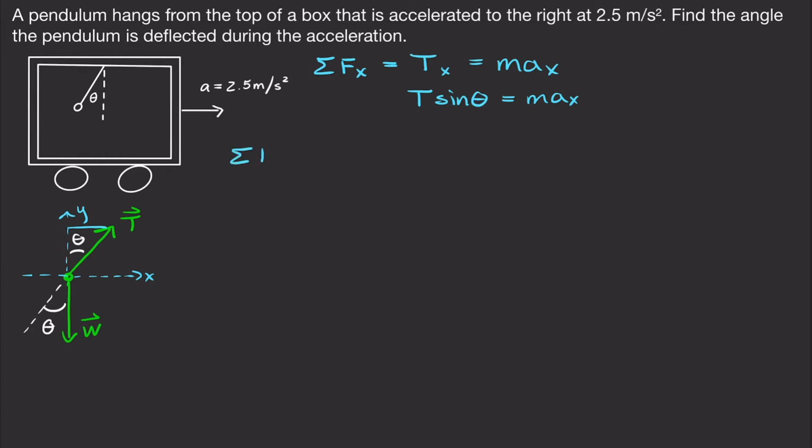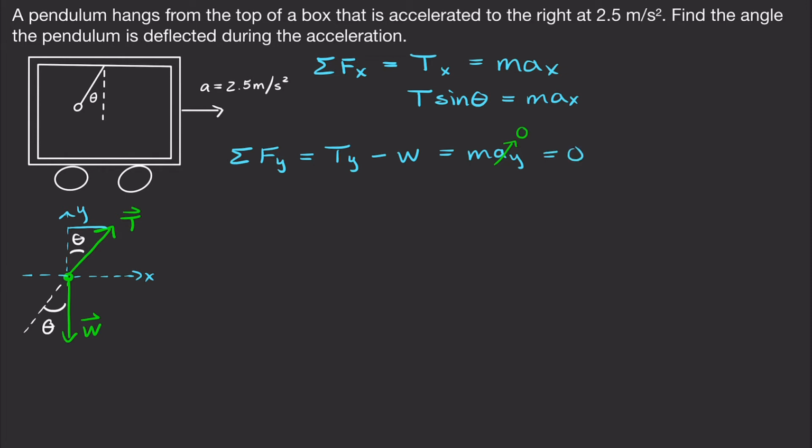in the y direction. So I have the y component of tension, and now the weight is all in the negative y direction. And set that equal to mass times acceleration in the y direction. But here we're not accelerating up or down, so the acceleration is 0 in the y direction.